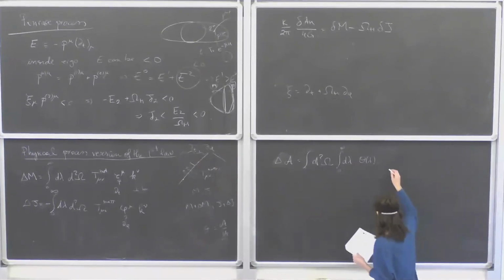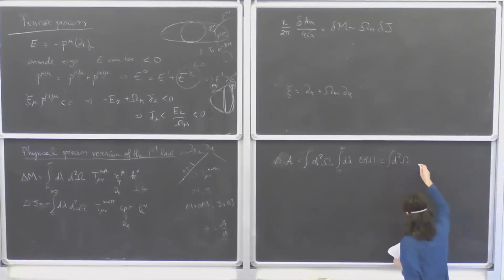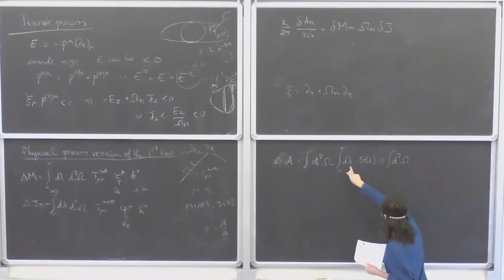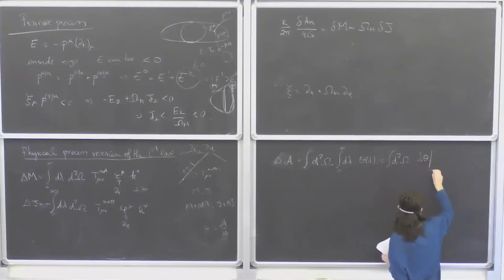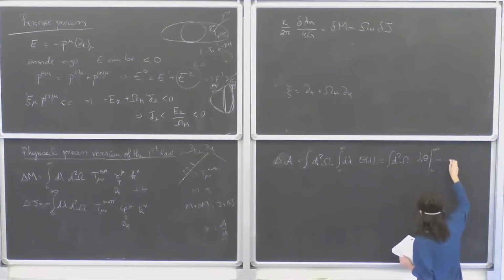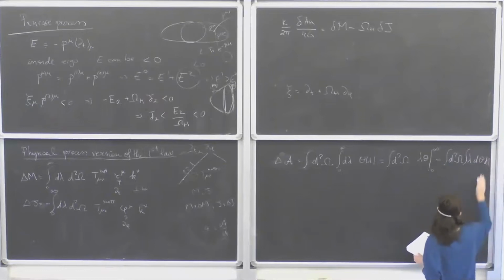We can do some trivial integration by parts here to write this as the integral of d squared omega times d of lambda theta, so I'm getting lambda times theta from 0 to infinity, and then minus the integral of d squared omega times lambda d theta.